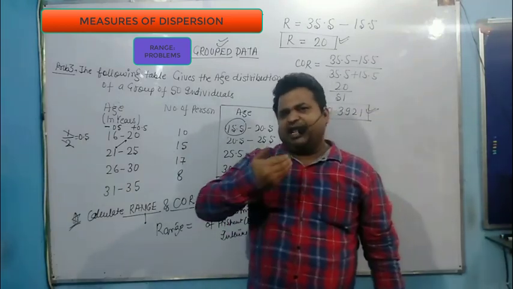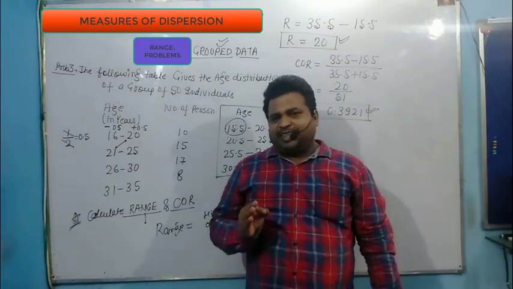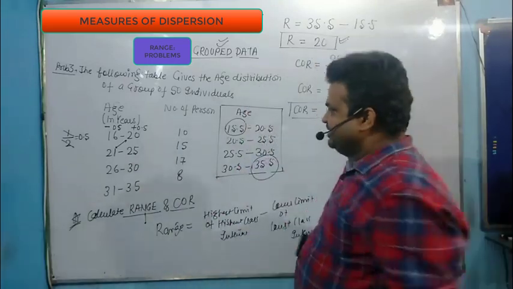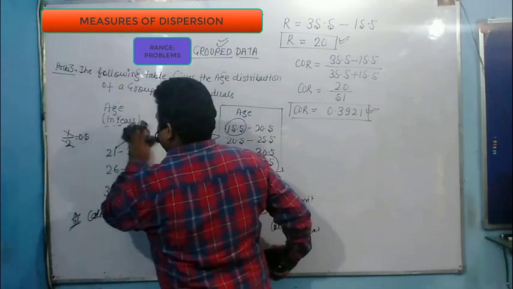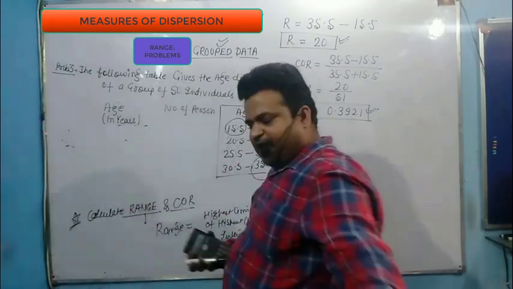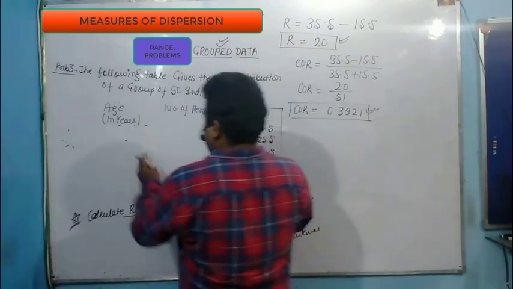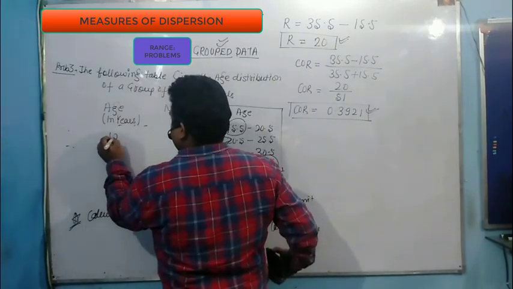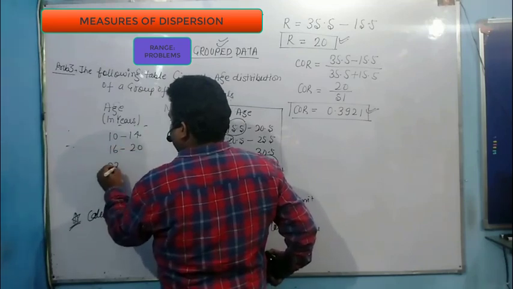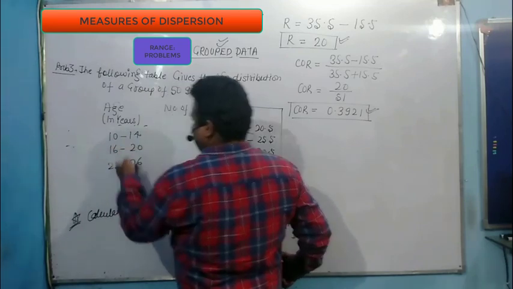Now additionally I give you one more thing. Suppose your class interval range is like this. Here I am using 10 to 14, then 16 to 20, then 22 to 26, like this.